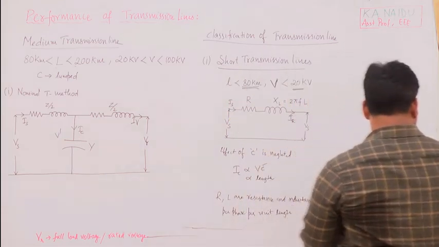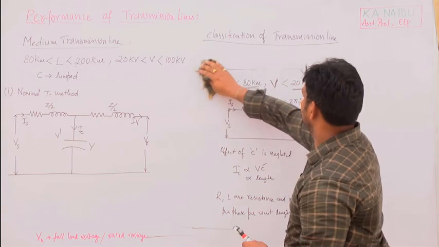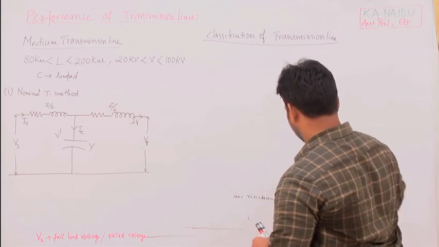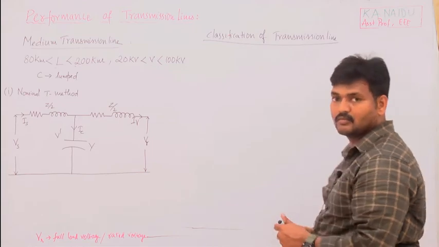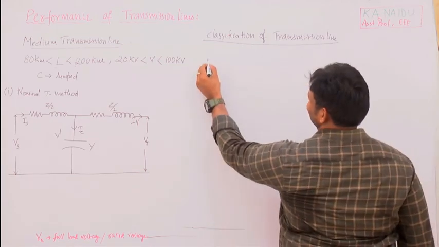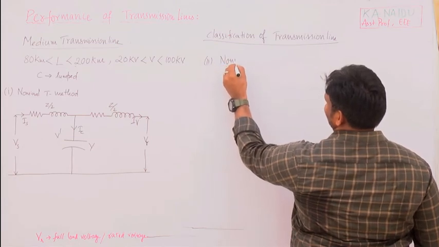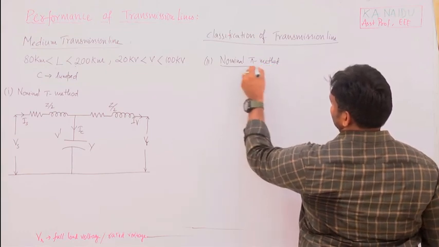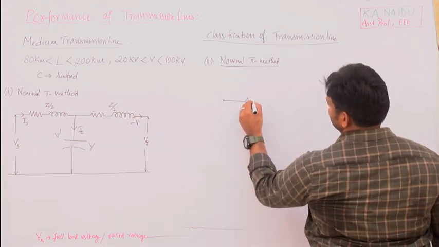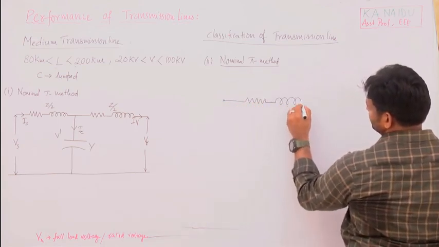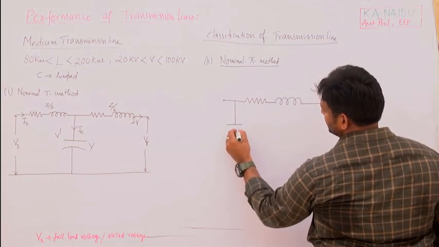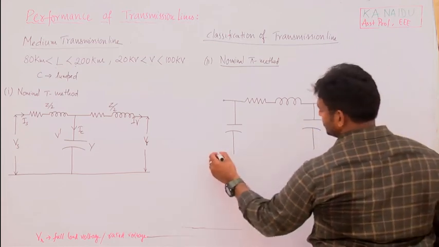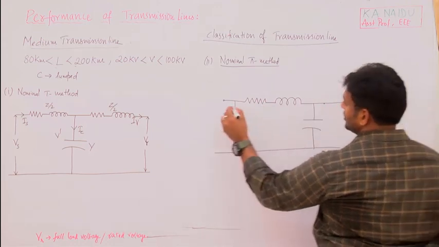Next we see nominal pi method. Here, the series impedance is taken at the center, whereas the shunt admittances are divided into two halves for the sending end and the receiving end.